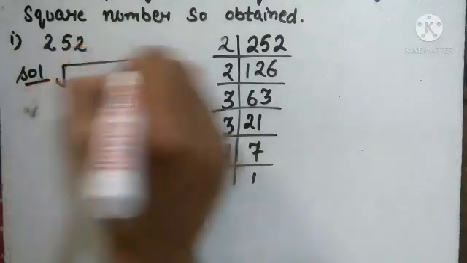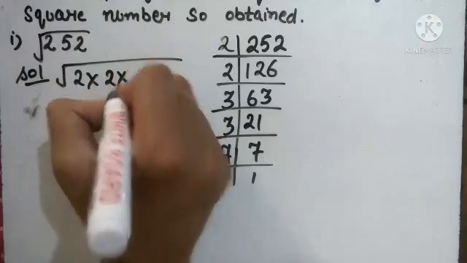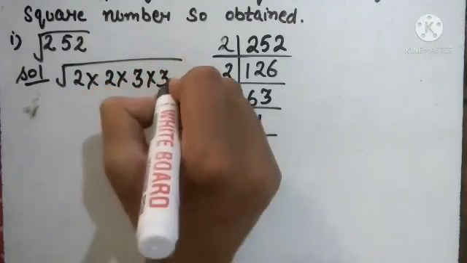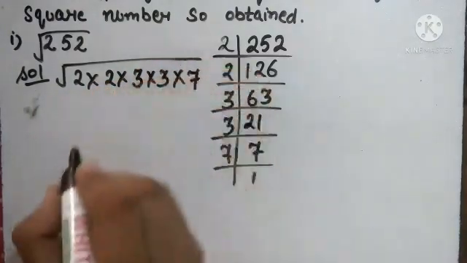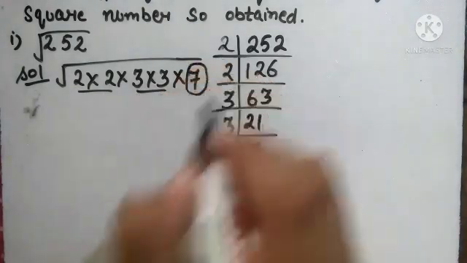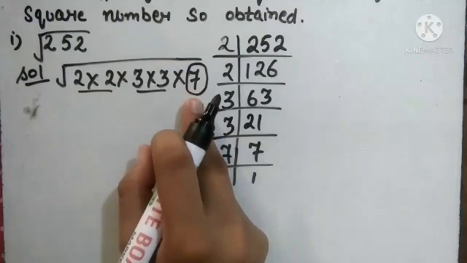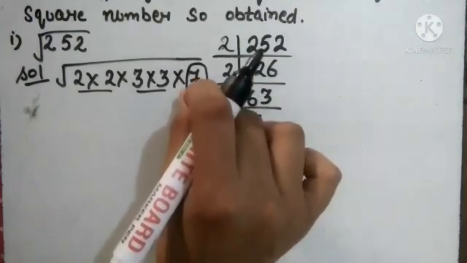So you can see the factors of 252 are 2 multiply 2, 3 multiply 3, and 7. It is clearly visible that 2 is in a pair, 3 is also in a pair, but 7 is not in a pair. It means we need one more 7 so that we get a pair of 7.